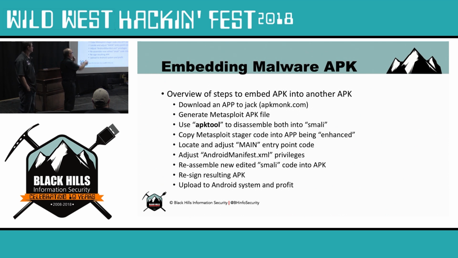We're going to copy the Metasploit staging code into the app that we're jacking up here, or enhancing, right? Then we're going to locate and adjust the main entry point of code. We're going to adjust the privileges because Metasploit requires a lot more privilege than your average Android file, okay? We're going to reassemble the newly edited Smali code. Then we're going to re-sign the code with our own certificate, and then we're going to upload to an Android system with ADB install and profit.